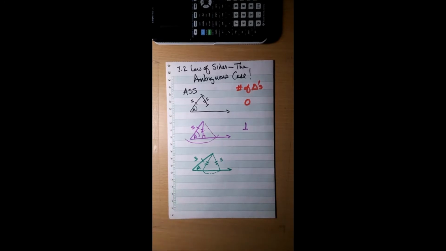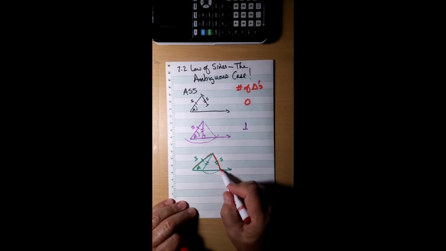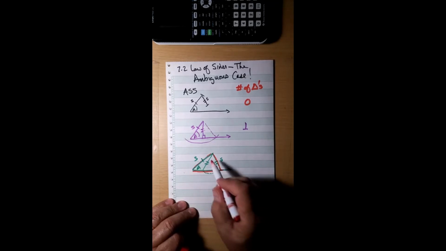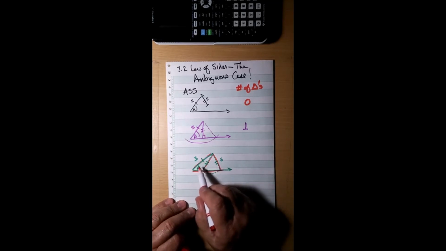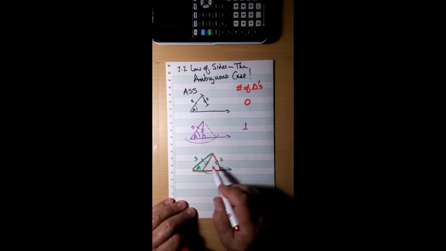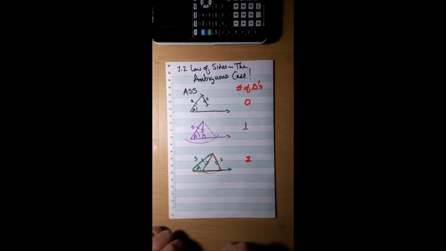You would have either this large one or this smaller one with A. And it would be the same angle, the same first side, and this same second side. But now you have two triangles. So that's why it's called the ambiguous case. It's because you may have no triangles, one triangle, or two triangles.